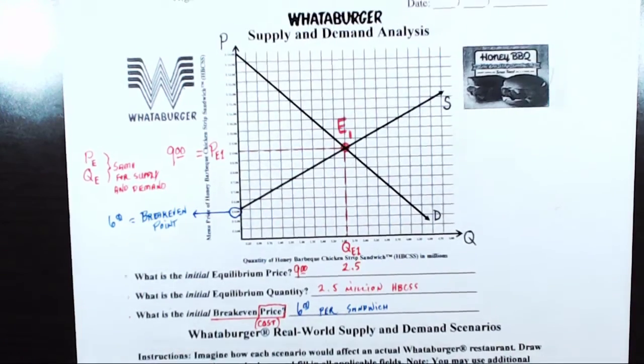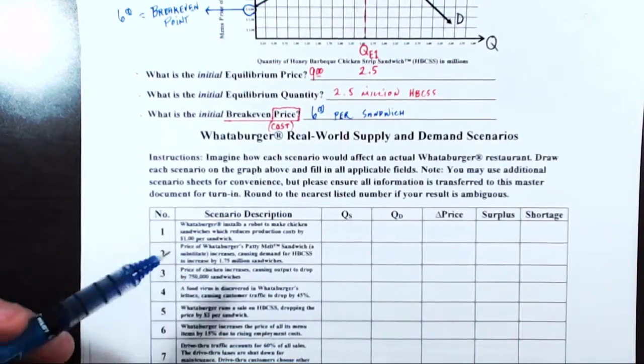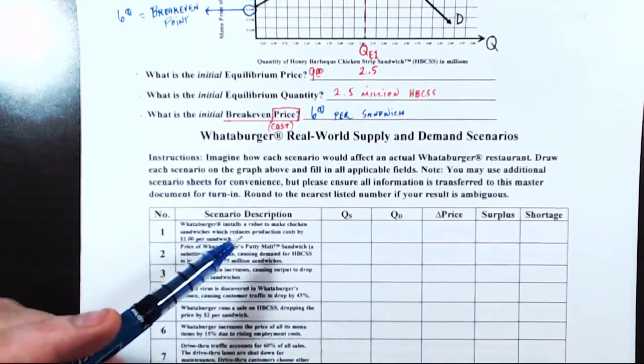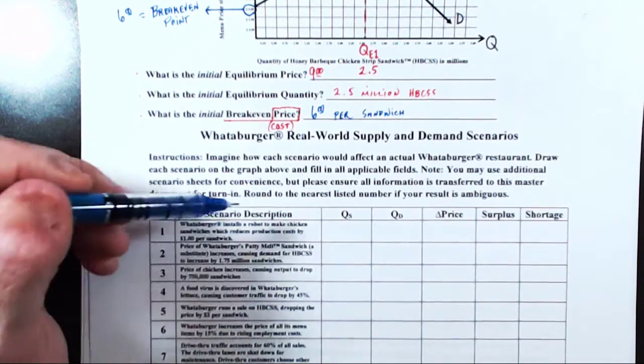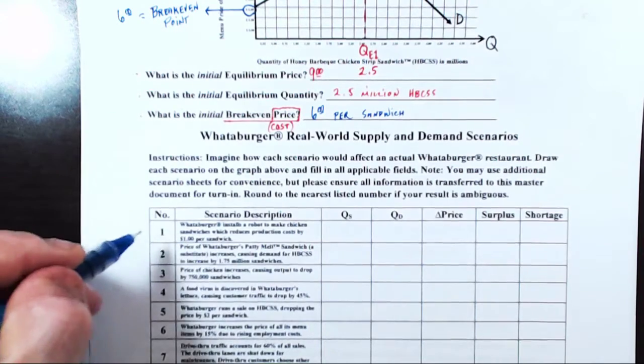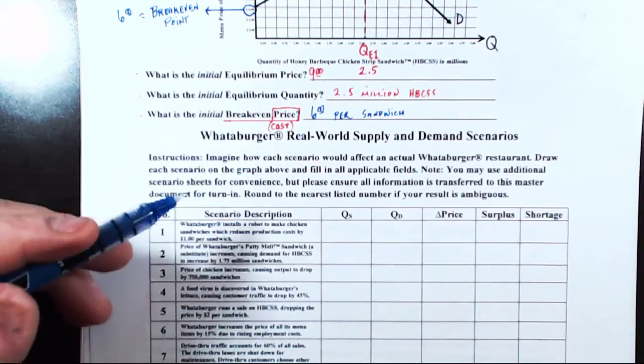We have to decode that into economics language. So it says here, Whataburger installs a robot to make chicken sandwiches. So they're replacing an employee or employees with a robot, and we're to assume that this technological improvement causes production costs to go down. Well, by how much?